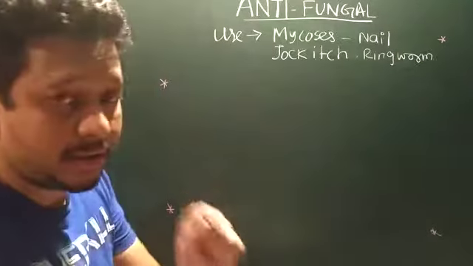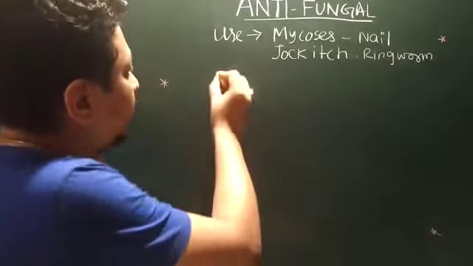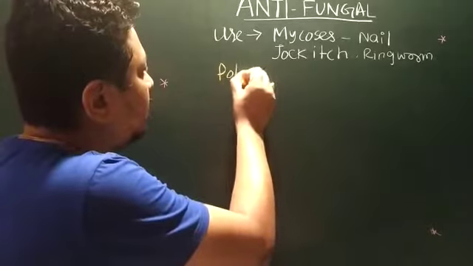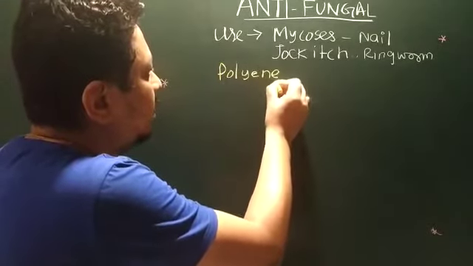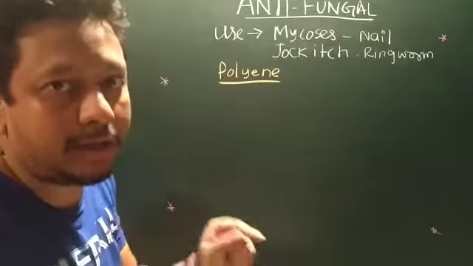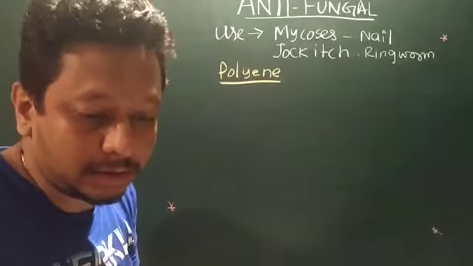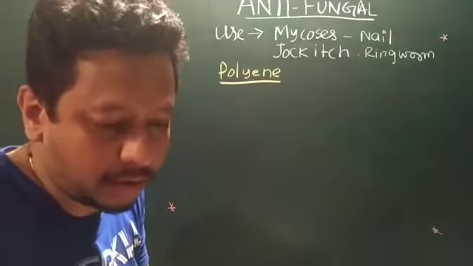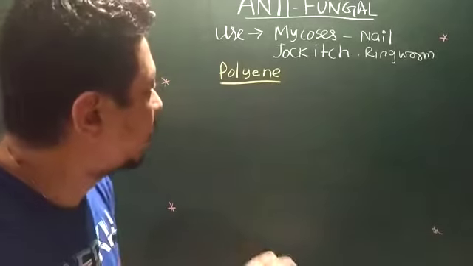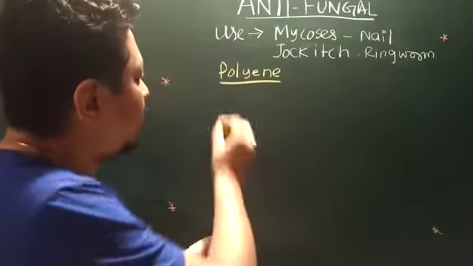Now, as far as medicinal chemistry is concerned, the first important class is polyene antifungal antibiotics. Why antibiotics? Because they are obtained from Streptomyces bacteria. Okay. So now their mechanism of action I have already discussed.